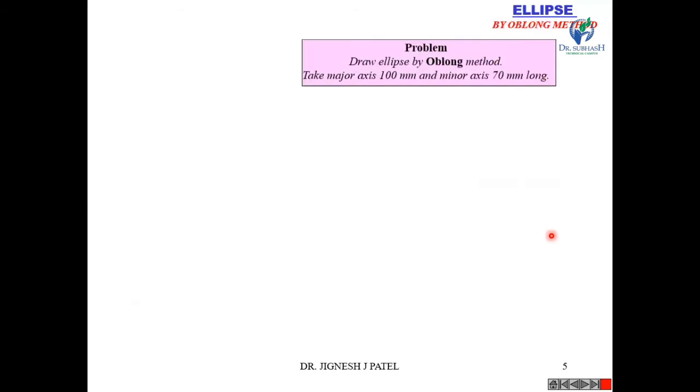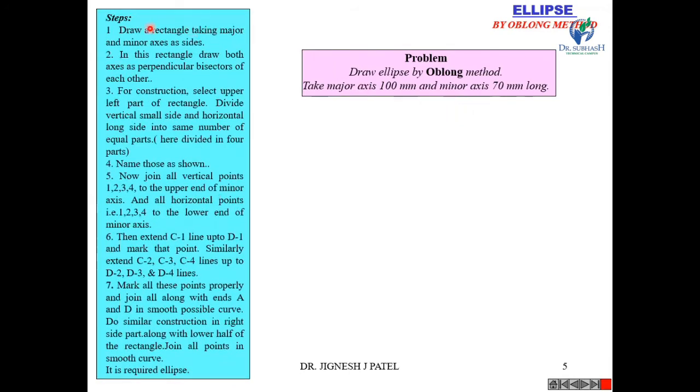Now, the next method is the oblong method. Draw an ellipse by the oblong method. Take a major axis of 100 mm and a minor axis of 70 mm. Oblong method means you have to construct one rectangle and draw the ellipse in the rectangle. These are the different steps to draw the ellipse by the oblong method.